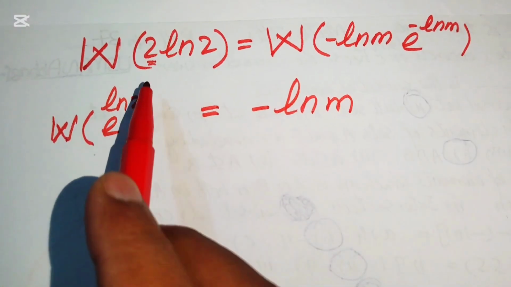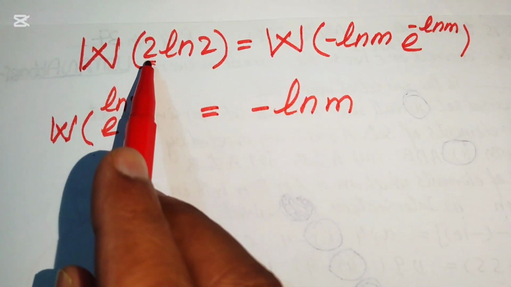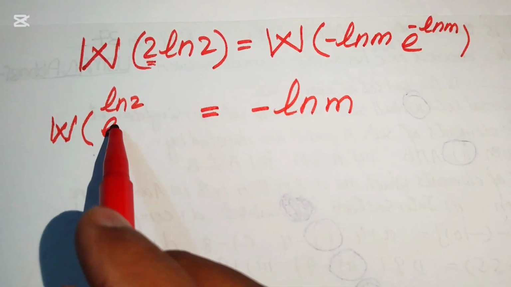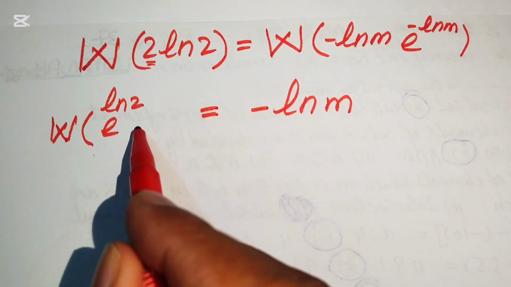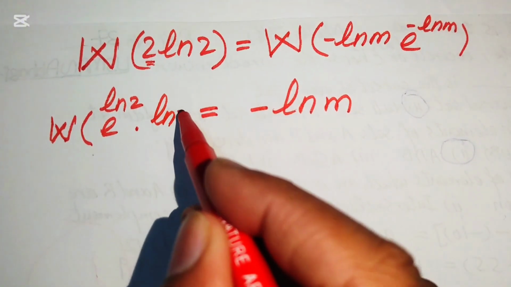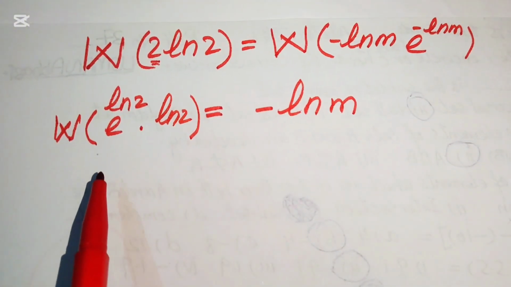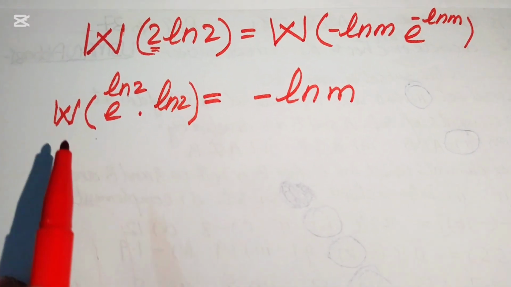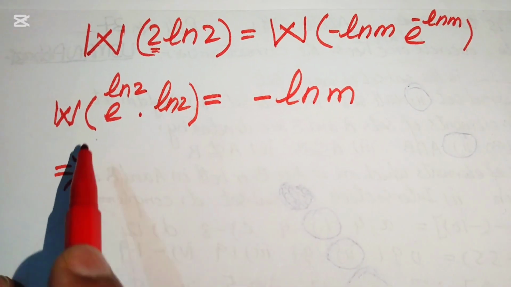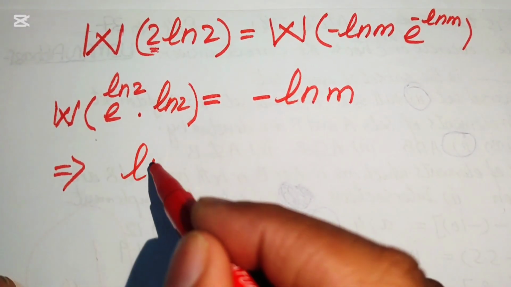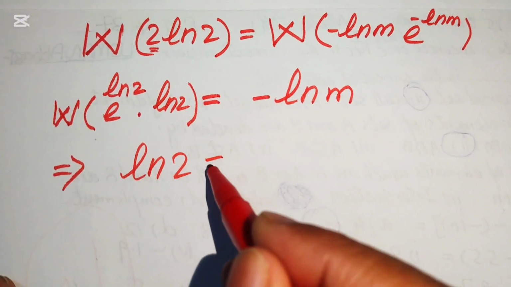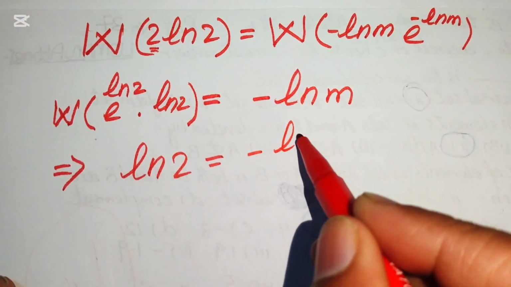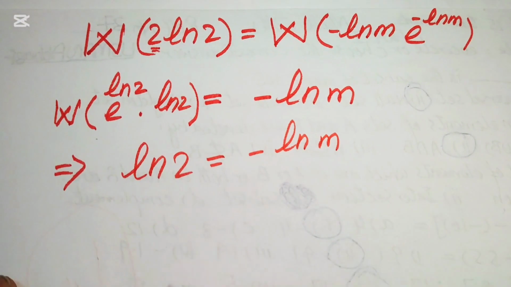It means that when we take log and anti-log at the same time on this 2, it will be written in this form, e to the power of log 2, and here you have log of 2. So this also becomes the form of a Lambert W function. So here the output of this function is log of 2 equals minus log of m.